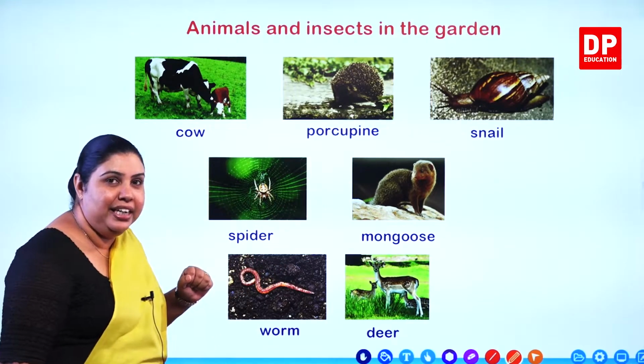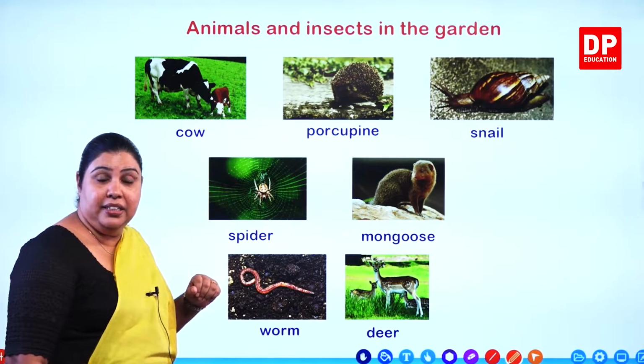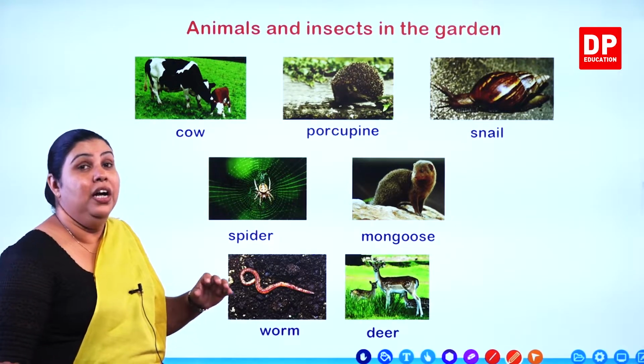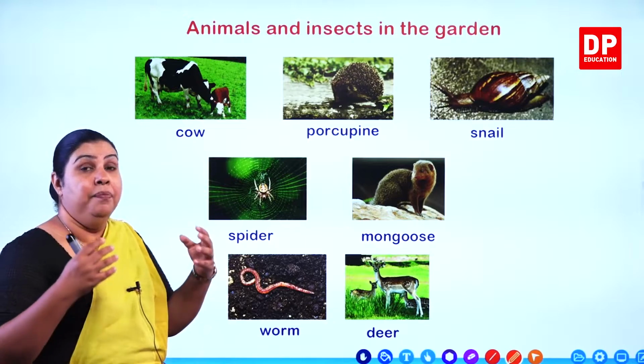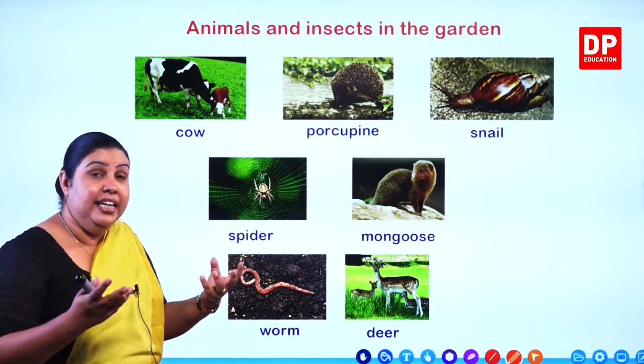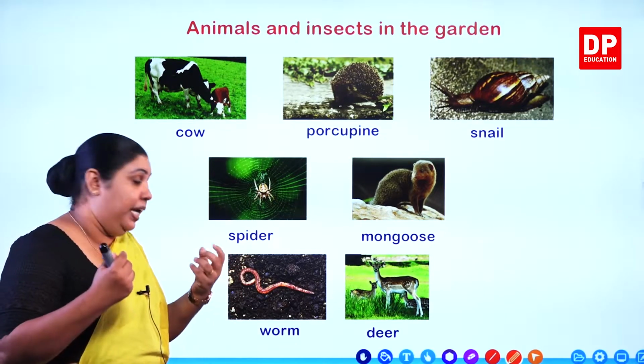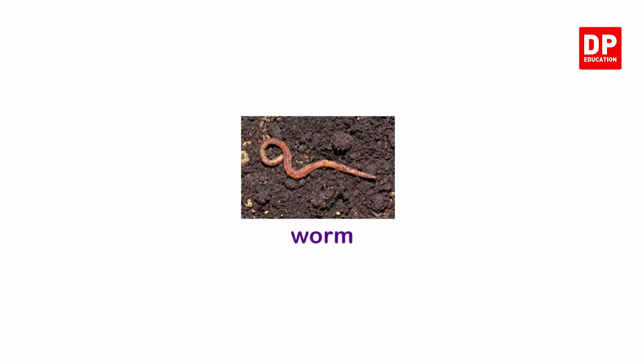Then finally we have a very special animal in the garden who makes our compost and the soil very healthy. Nourishing compost and earth is made by the worms in the soil.